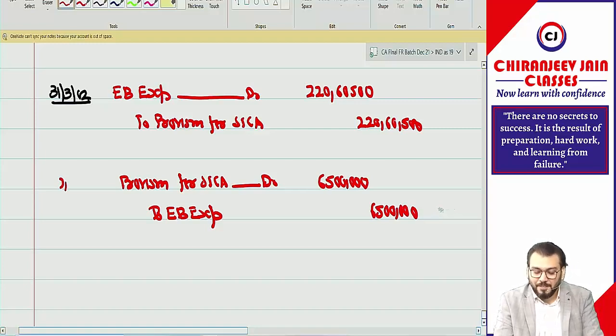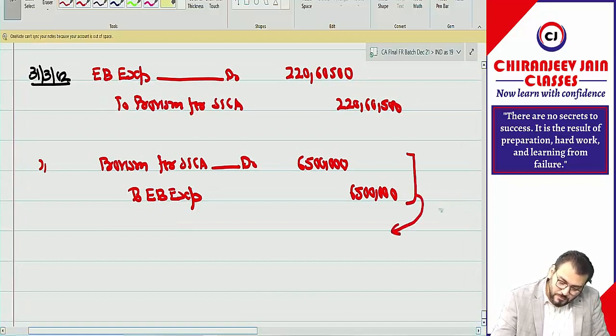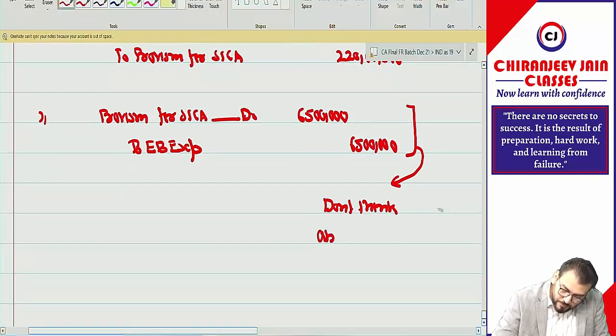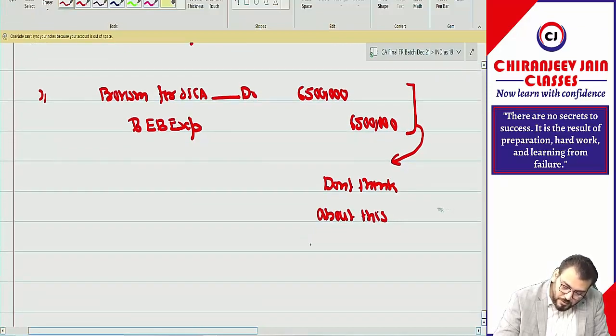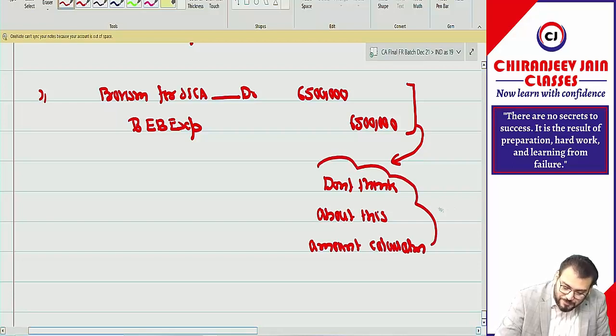So don't think about this amount calculation, otherwise you will waste your time in the exam.